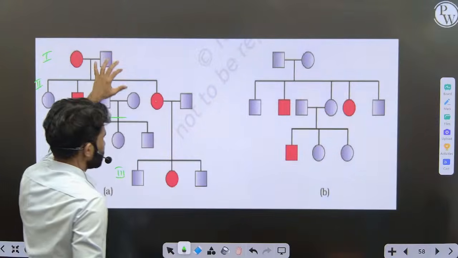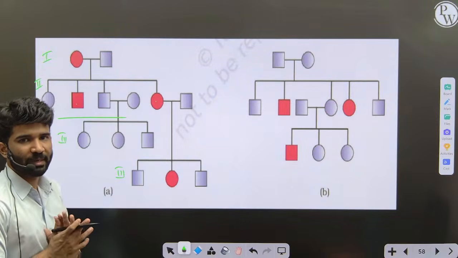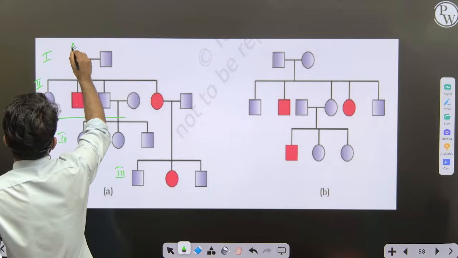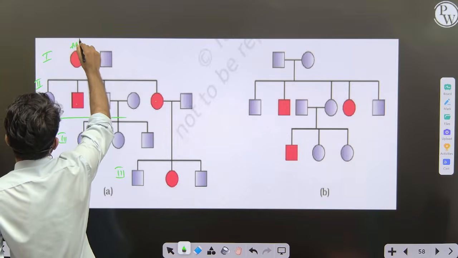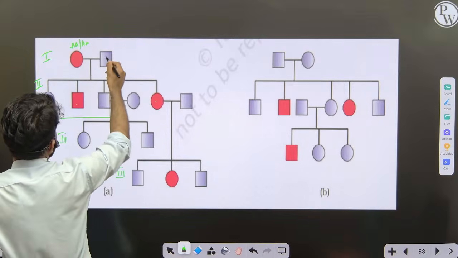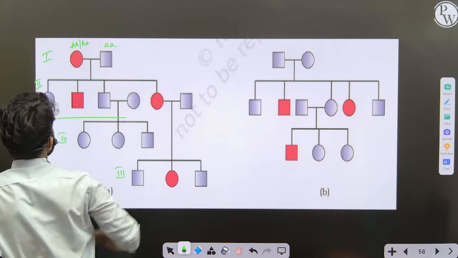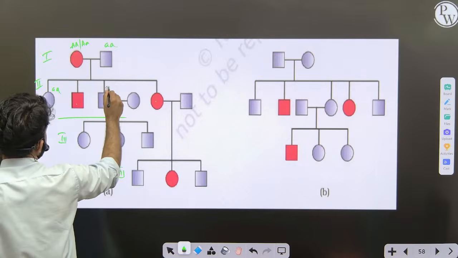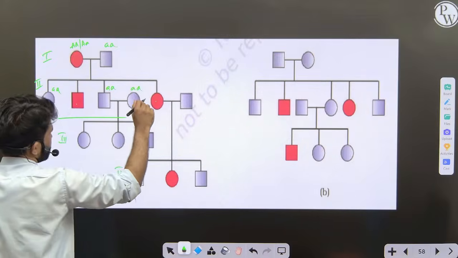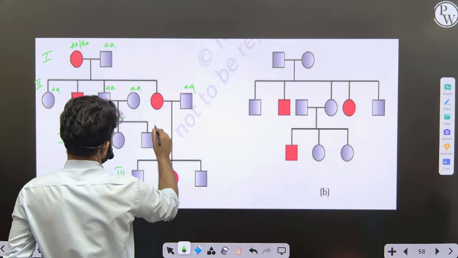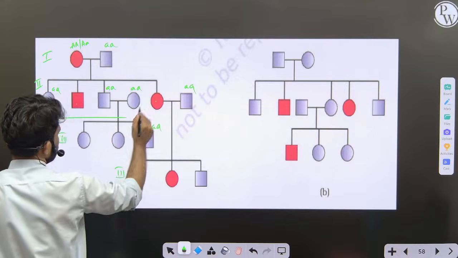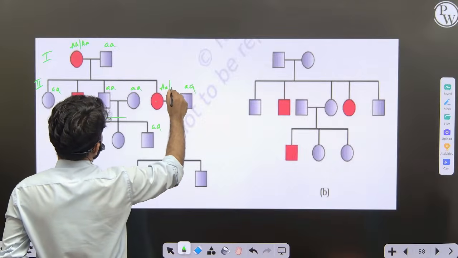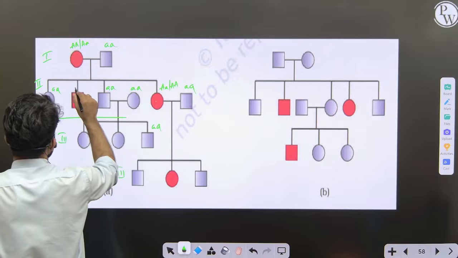See, as it is an autosomal dominant one, if it is dominant, there should be at least one dominant allele, either homozygous dominant or heterozygous dominant. If it is normal, then definitely it is recessive. Here it is also recessive. Here it is recessive. Those not affected may be homozygous dominant.